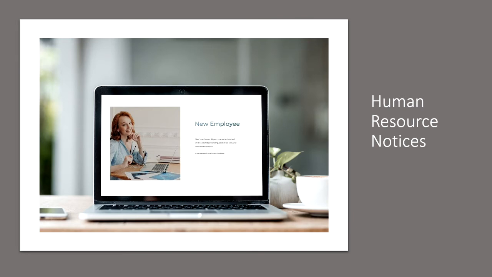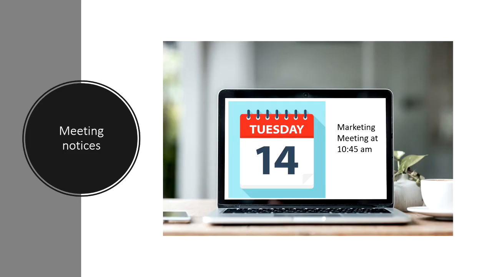These could be safety notices, welcome to new employees, reminders of things that are happening regarding human resources, etc. Meeting notices. So if everybody's supposed to be at a marketing meeting today at 10:45, you can make sure that's going to pop up in their computer as a push notification or show up on their screensavers to remind people that the meeting is happening at that time.